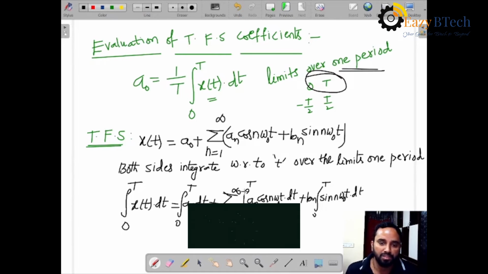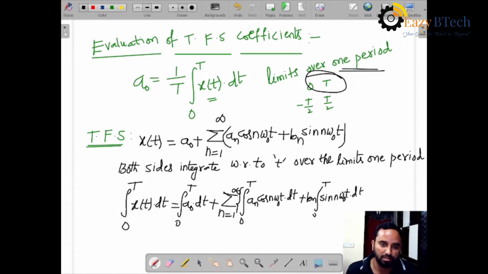So this summation is for both the terms, a n cos and b n sin. So I am keeping a bracket.